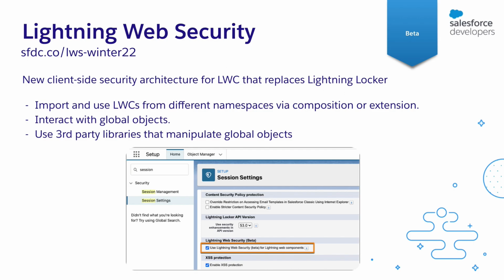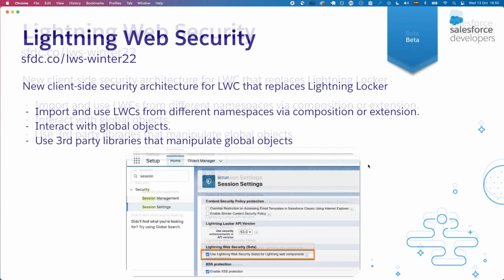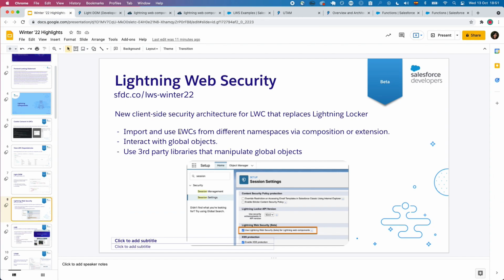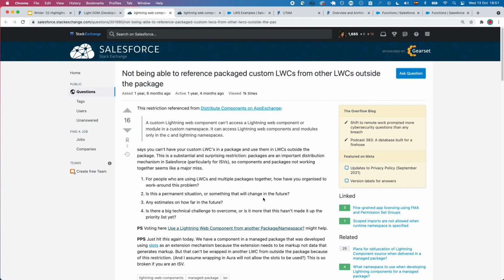And to explain that, I'm going to show you some content that I have found on Stack Exchange that are basically questions complaining about restrictions that Lightning Locker had, and I'm going to show you some examples with Lightning Web Security activated of how we can overcome those restrictions thanks to this more modern architecture, right?